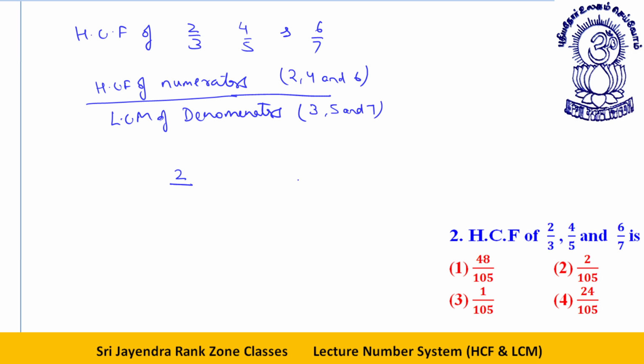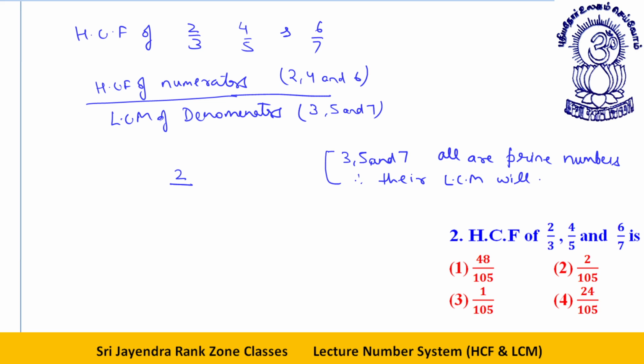See students, 3, 5 and 7 are all prime numbers. Since all are prime numbers, whenever we take the LCM of prime numbers, their LCM will be the product of all these.